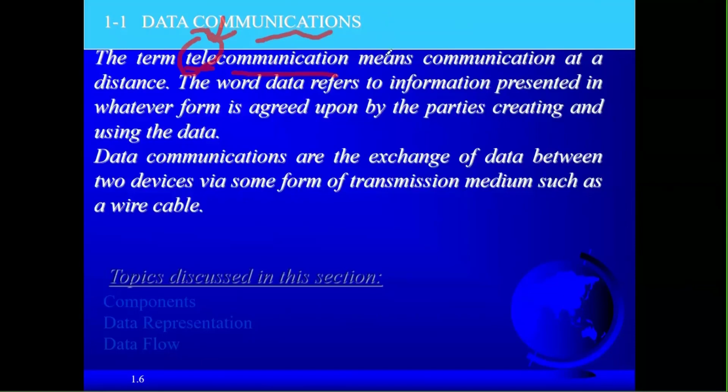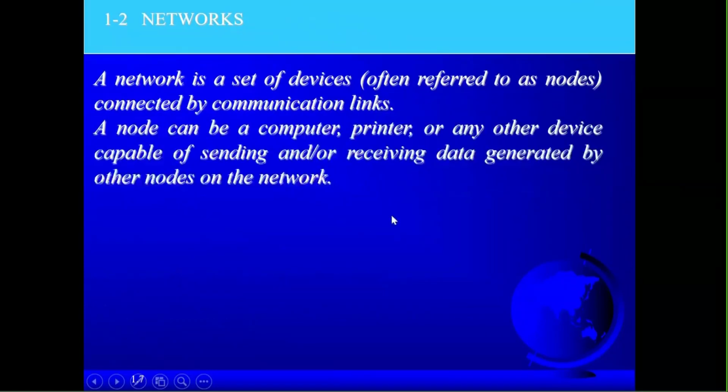So by definition, data communication is the exchange of data between different devices over a distance using some kind of transmission media, okay? That's what data communication is, meaning I'm sending data over a distance. Computer networks is a bigger definition. It uses data communication to send information, okay?